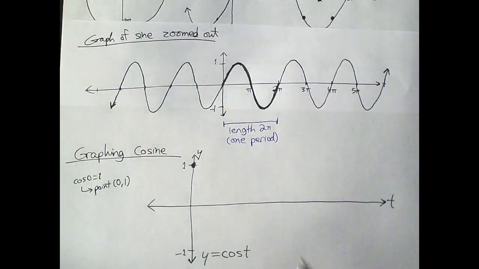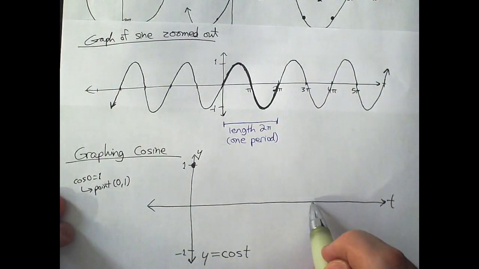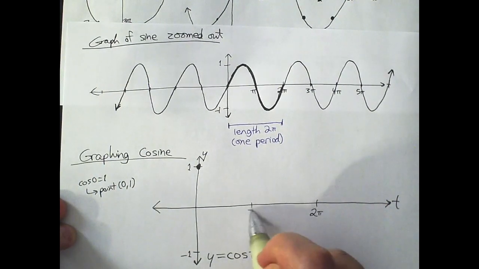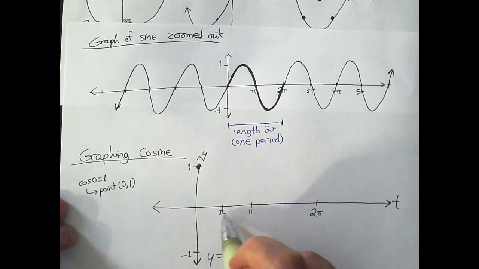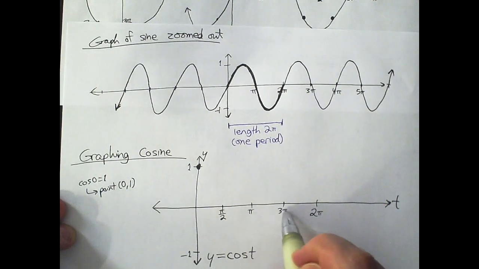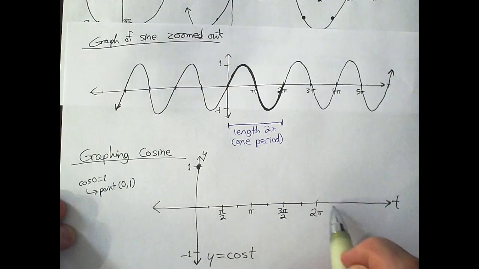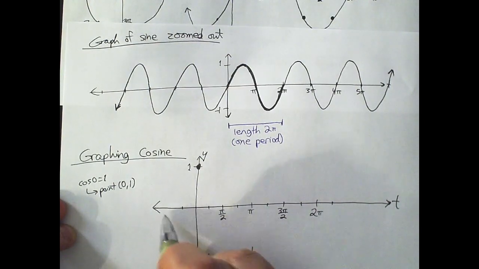Maybe I should go ahead and label some, like pi and 2 pi. Let's do 2 pi here. Pi. These seem like they were useful for the previous ones, so maybe they'll be useful here. Okay, already a different graph from what we had for sine.